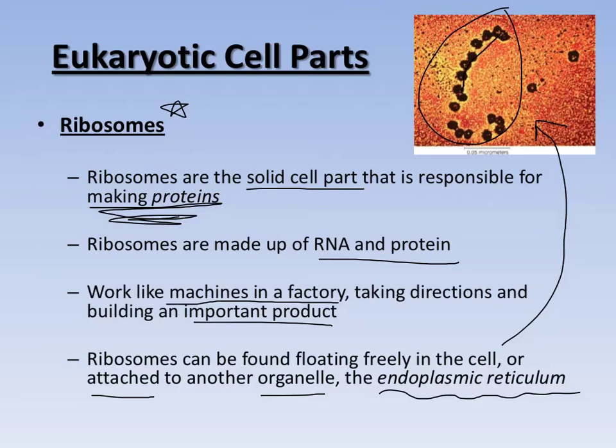Isn't that joke great? Now, so we're going to make a One Direction t-shirt. And so that's our protein, is the t-shirt. That equals protein, which means that then the ribosome is the machine that makes this. So if we have a machine that makes these t-shirts, that's our ribosome.